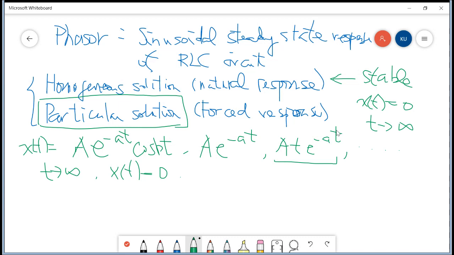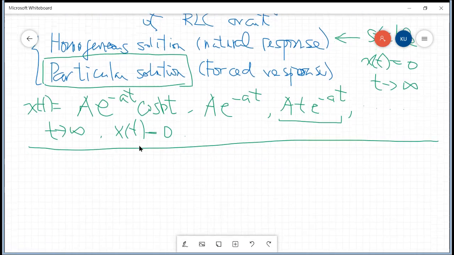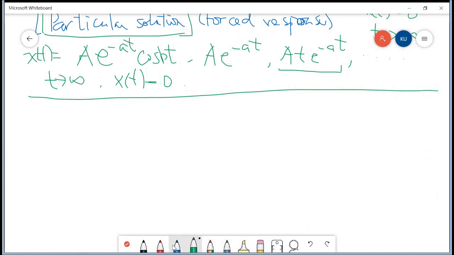Okay, so let's see. Actually, we will talk about the phasor. So let's summarize a bit: what is the phasor for the sources or the RLC components. The first is RLC.